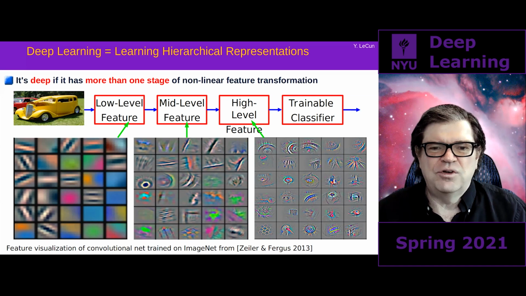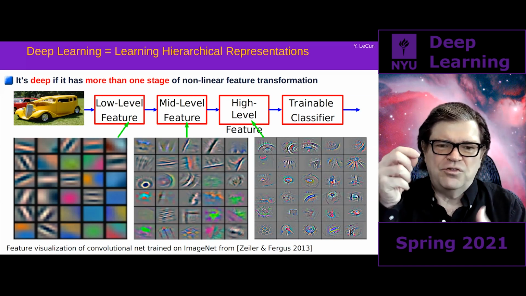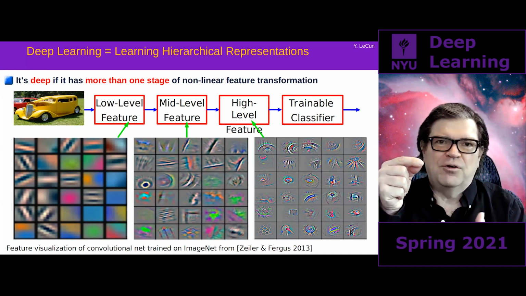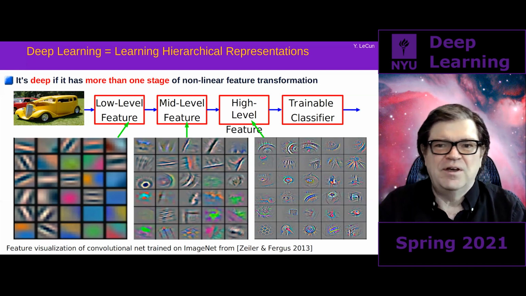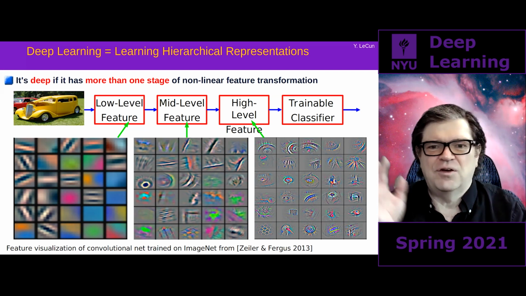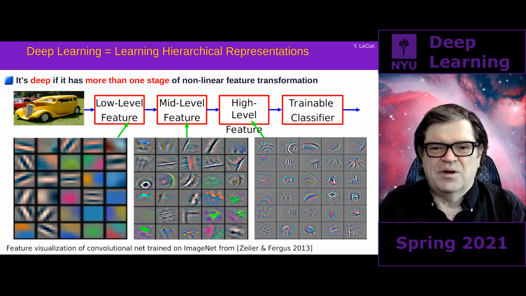Now, what you can try to do is figure out what is the input pattern that will maximally activate a particular unit at a particular layer, okay? The network that has been tested here has something like 20 layers.